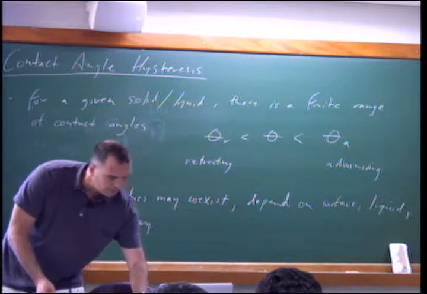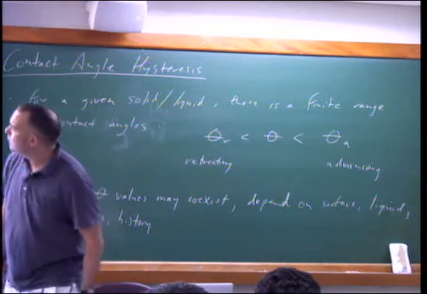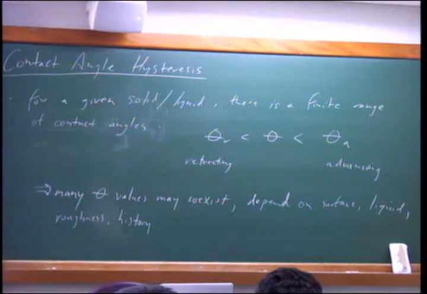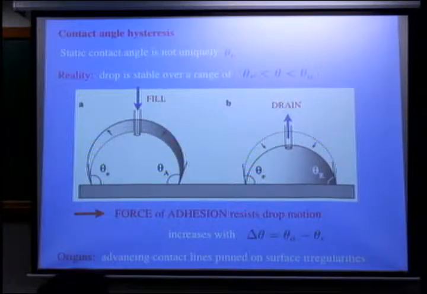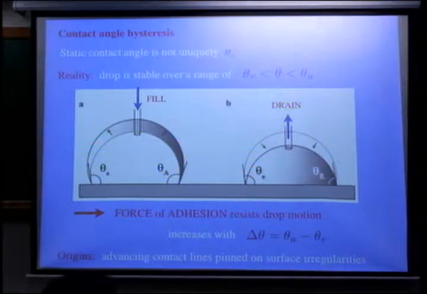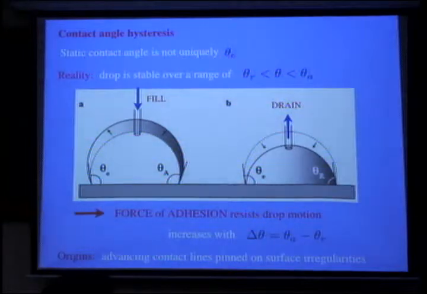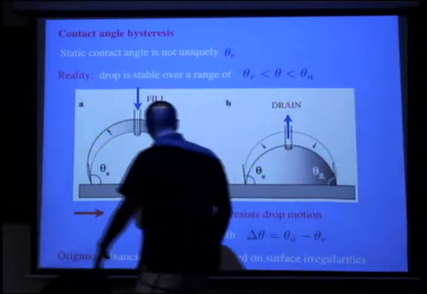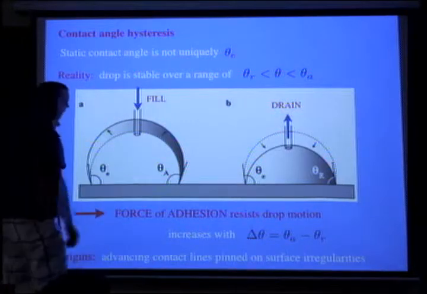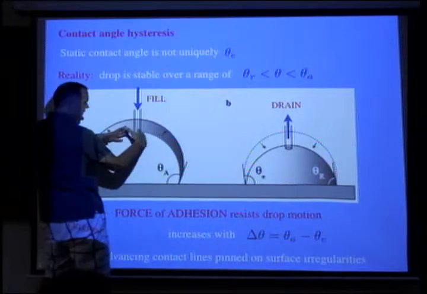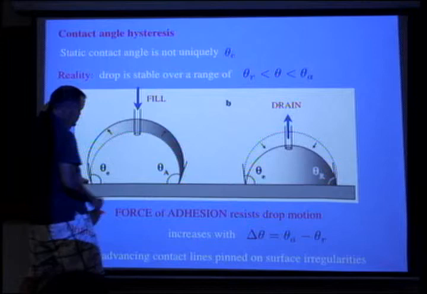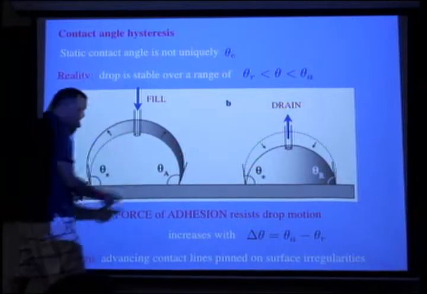This is basically the way it works. If you take a fluid drop and you pump it up, if you believe what's written on the left, there's a unique equilibrium contact angle. But if we pump fluid in, then the drop expands and the contact lines remain pinned.